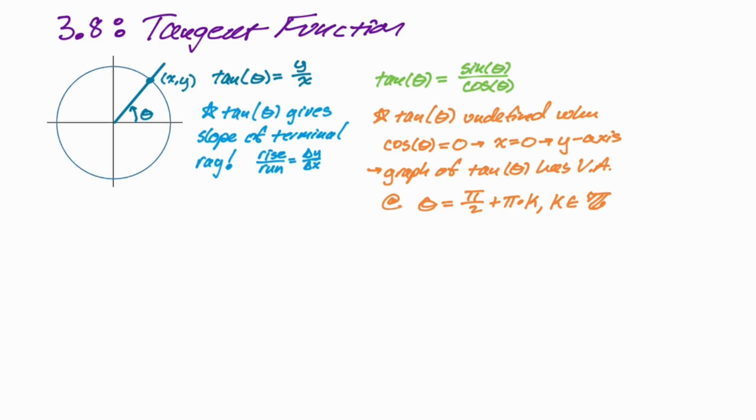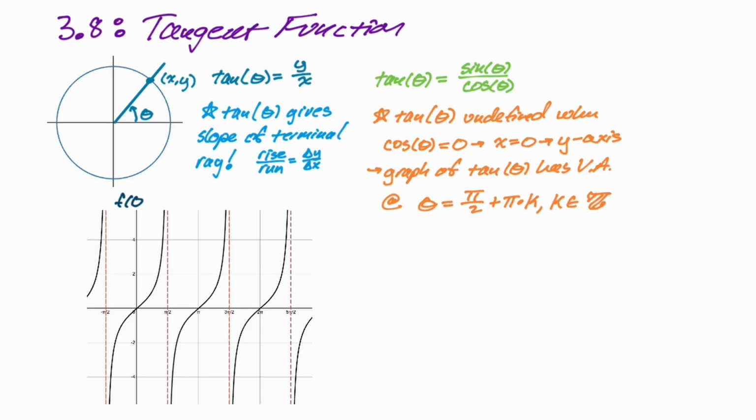I think it's good to look at a graph of tangent. I do not think they would ask you to graph tangent, but I think they would ask you to be aware of it, because it's specifically mentioned. So if this is our graph of tangent, you can see I put in some vertical asymptotes. In particular, they call out the fact that tangent is concave up and concave down in various places. So I'm just going to highlight the concave down places here.